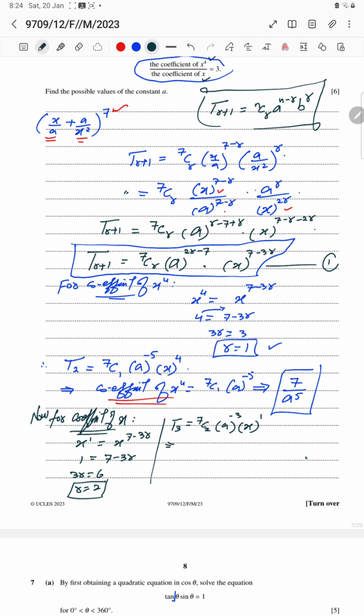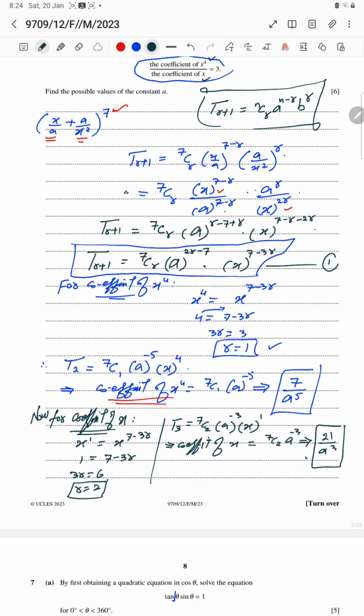Therefore, the coefficient of x equals the term beside x, that is 7C2 a raised to power minus 3. With the help of calculator, 7C2 becomes 21 and a negative becomes a positive in the denominator. So these are two results that were required for the given ratio.